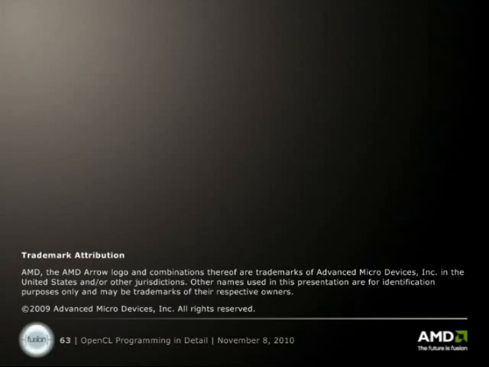It would really depend on your algorithm, but in determining a good number, a lot of times it's a multiple of the underlying cores that are supporting the execution of threads. To give a specific example, with the 5870, every compute unit has 16 physical cores that are going to execute a work item or a thread.